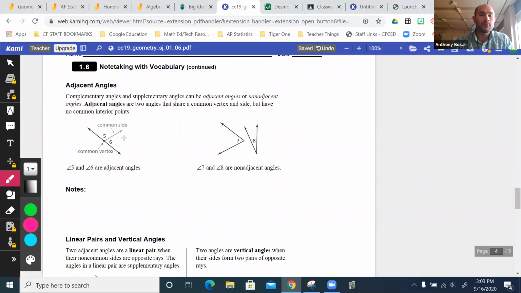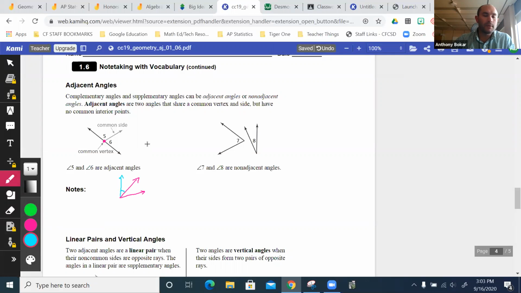So adjacent angles are angles that are next to each other. So in this case here, 5 and 6 are adjacent angles. They have a common vertex, right? They share that same point. Now these look like 5 and 6 would be supplementary, but just for example, they don't have to be like that. We could draw an angle like this and then draw another ray off to the side here.